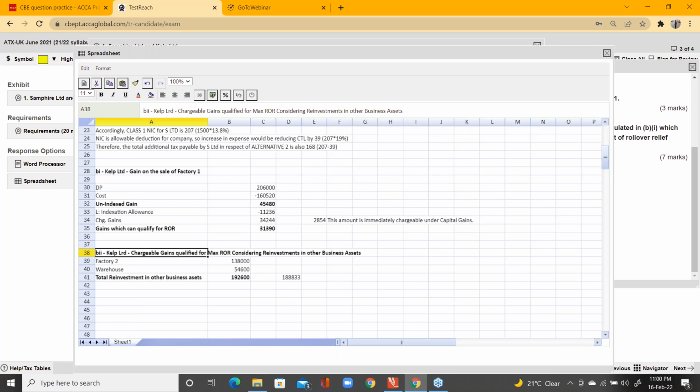The basic idea for these 4 sessions of the ATX webinar is to enhance your soft skills by showing you how you would attempt questions using a spreadsheet and the word processor, and hopefully you learned many things in these 4 sessions conducted by Sir Kambar Raza and I.